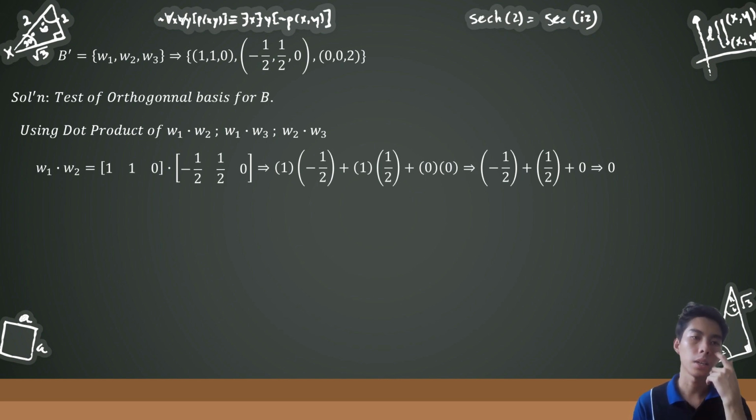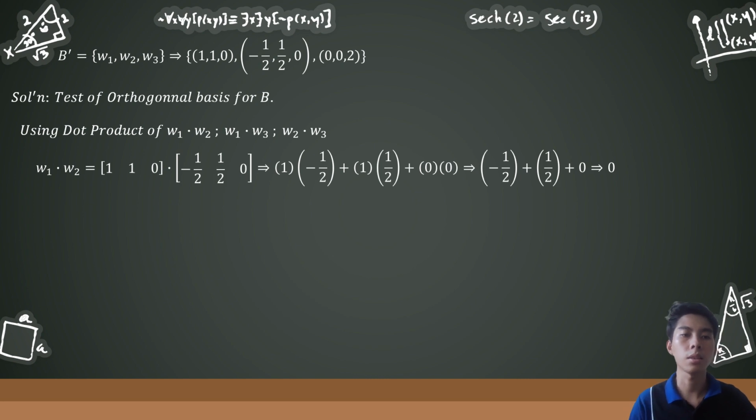So the dot product of w sub 1 and w sub 2 is equal to the dot product of vector (1, 1, 0) and (-1/2, 1/2, 0), which is 1 times -1/2 plus 1 times 1/2 plus 0 times 0, which is -1/2 plus 1/2 plus 0, which is equal to 0.